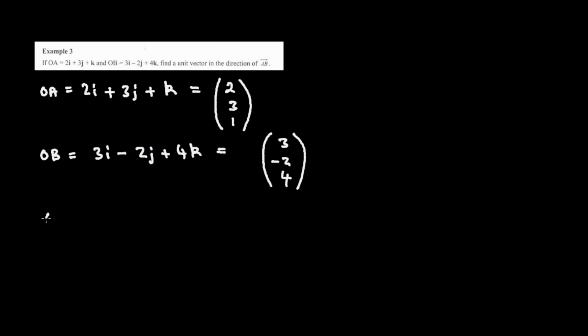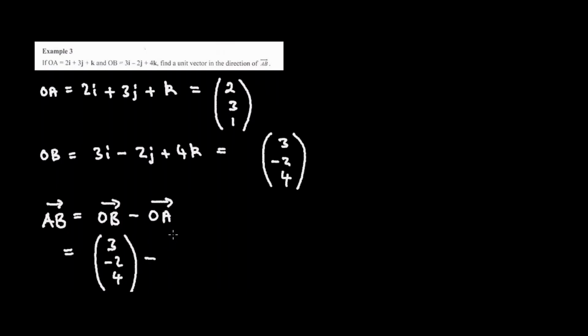Saka, chekutanga, tirikutoda AB yacho. So AB equal to destination point OB, subtracting starting point, vector. Like that. So this is equal to, what is OB? OB ndian the (3, -2, 4). Subtracting, what is OA?